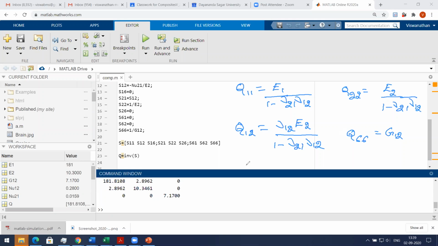So how will you find Q21? Q21 is equal to Q12. Okay, then what is Q16 equal to? Q61.